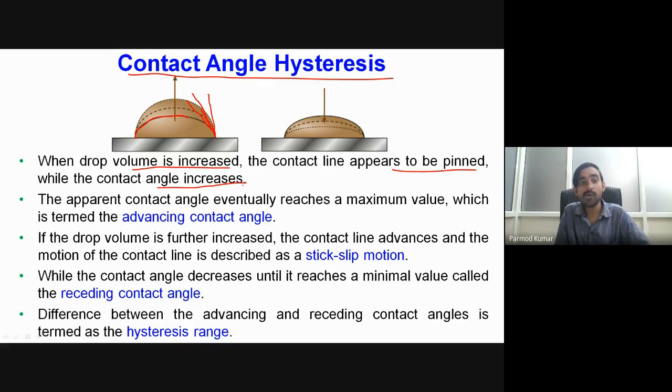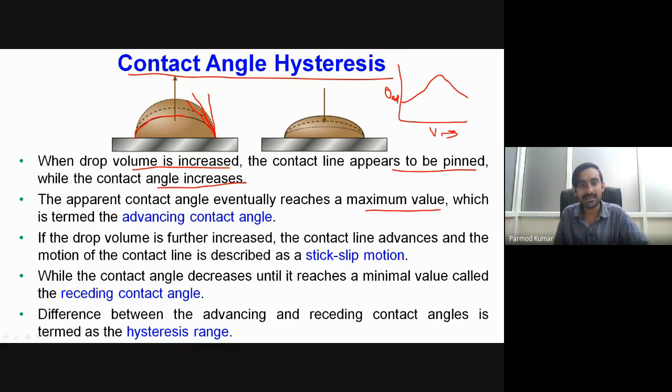Okay, now what will be happening while we keep on increasing the volume? If I plot volume versus apparent contact angle, there will be an increase of contact angle, and at a point it will reach a maximum, and then once again there will be a fall of the contact angle. So the apparent contact angle eventually reaches a maximum value.